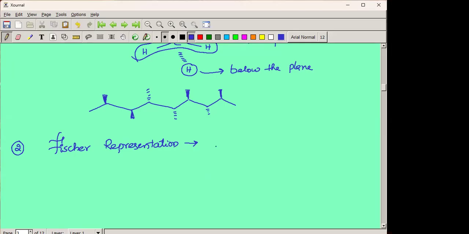To assign the nomenclature for carbohydrates. In carbohydrate chemistry, we use Fischer representation formulas.